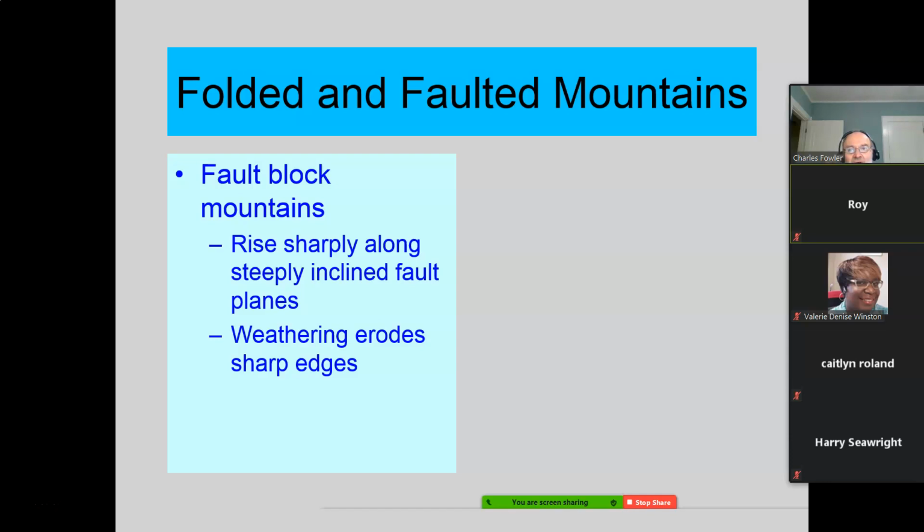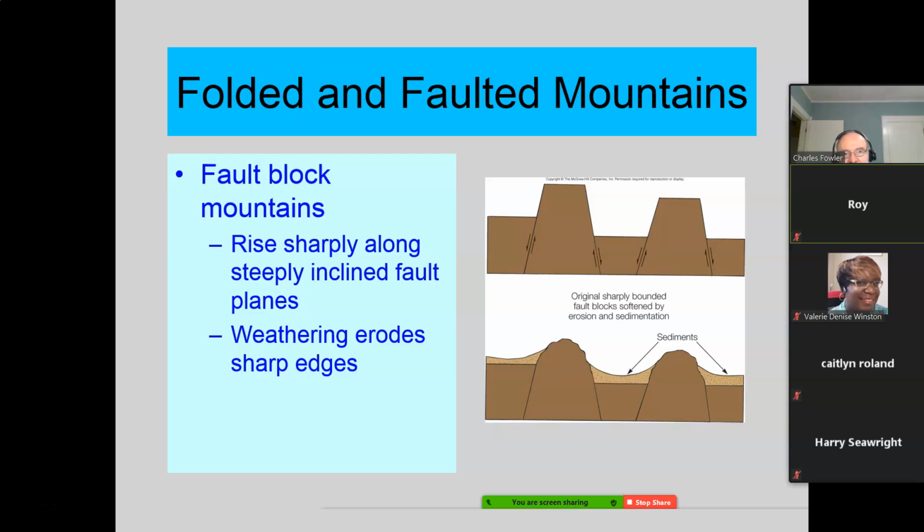And that's what causes a fault block mountain. They rise sharply along steeply inclined fault planes. Okay? Now, over time, weathering does erode away the sharp edges, so you may have a fault block mountain that looks like a folded mountain, but it actually was a fault block, but it's weathered away over time. And that, again, is long periods of geologic time. Okay.